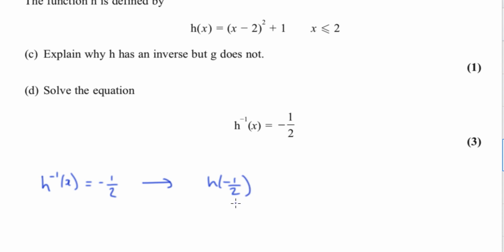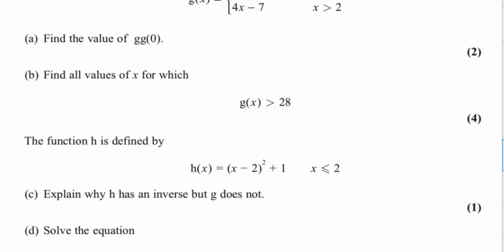Because with inverse functions compared to their originals, the inputs and outputs swap over. So if we want an output of -1/2 for the inverse, that's the same as giving an input of -1/2 to the original. So this will save us a little bit of time.